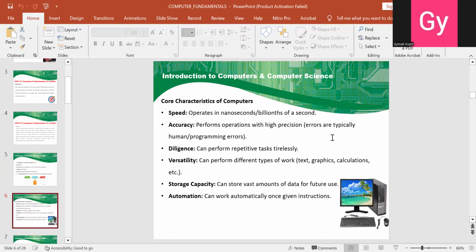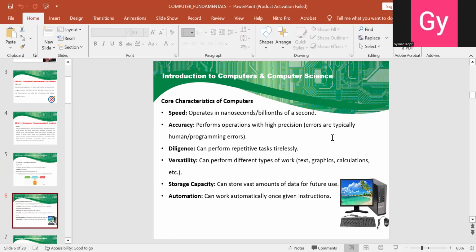Let's look at core characteristics of a computer. When a computer came into our human life, it brought various characteristics that made it able to penetrate the technological landscape. One, it has speed. The speed at which you use a computer to execute a task is very high.